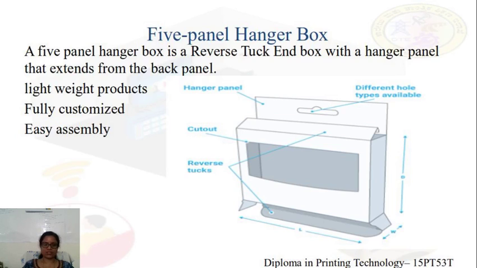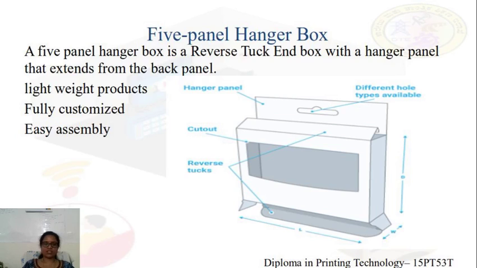shelves. As examples of this type of packaging, we would have come across the packaging of various products such as socks and many other products that we come across in the supermarkets that are hanged for a visual display.